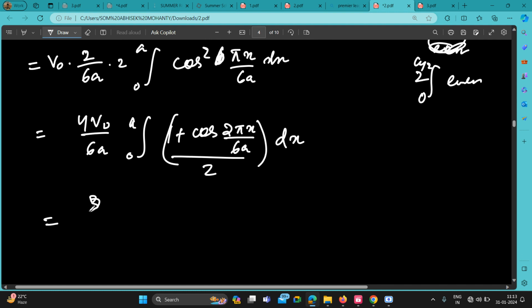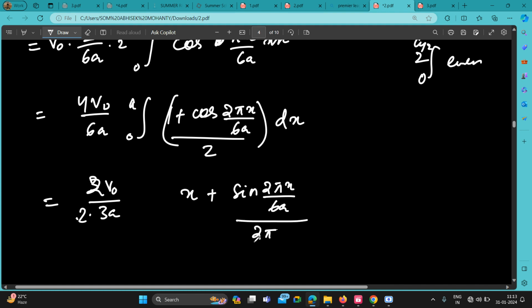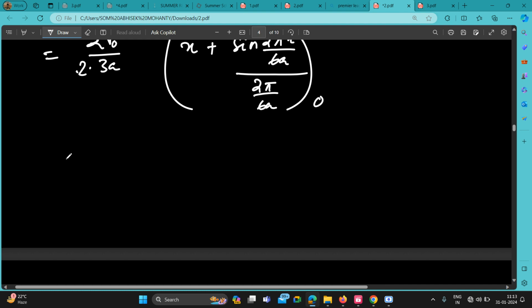Okay, so 2 V naught by 3a, this is x plus sine 2 pi x by 6a whole divided by 2 pi by 6a, integration 0 to a.